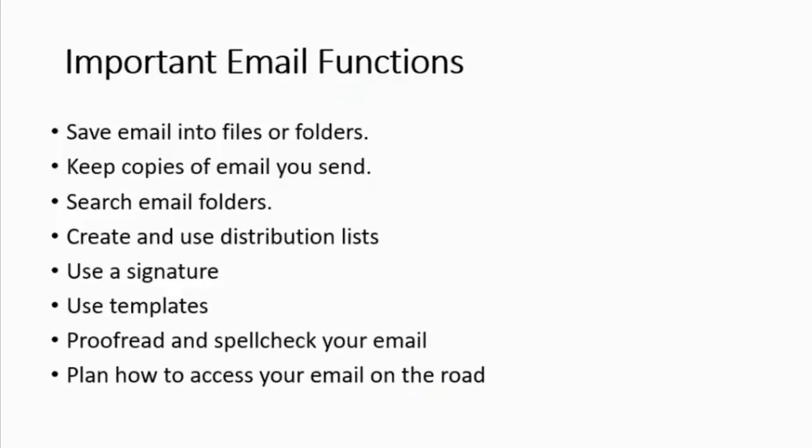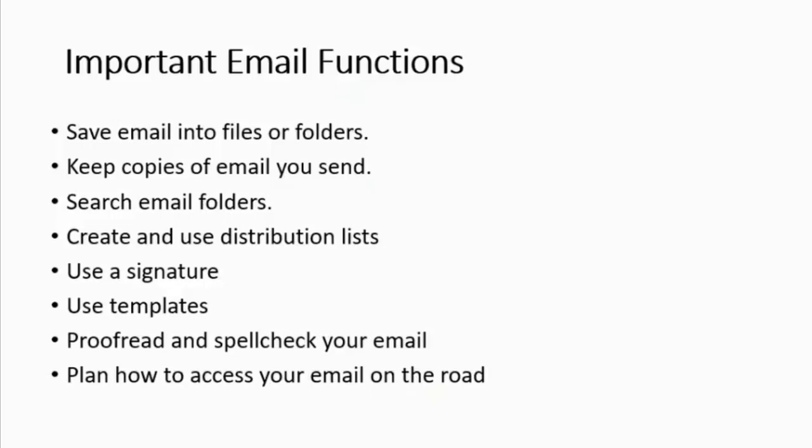Plan how to access your email on the road. Know how to access email while on a business trip. Use a satellite-based service that is always available everywhere. You can also use your mobile data. It is available in most places, but in some hilly areas it's not available.